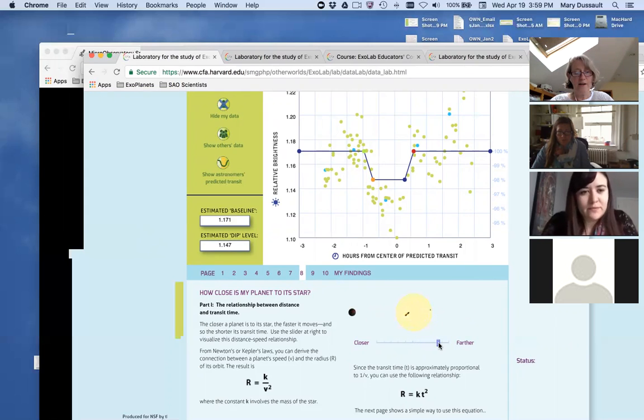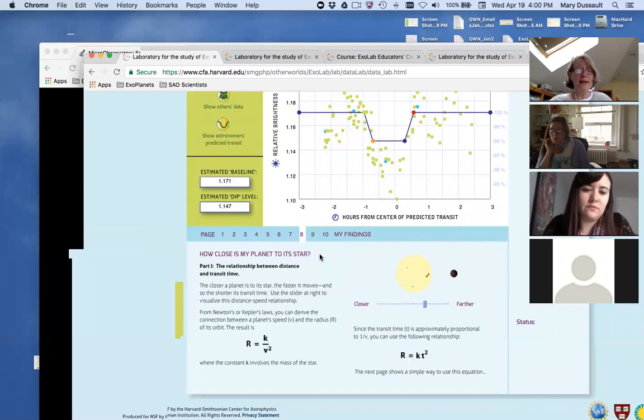Again, Newton's or Kepler's laws are telling us that if the planet is closer, it's going to be faster. And so we know this is a close planet with only a duration of an hour and a half.